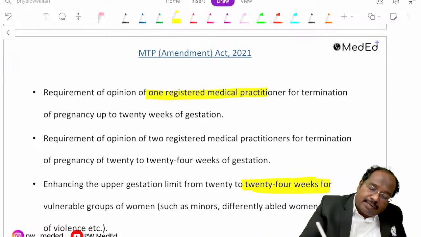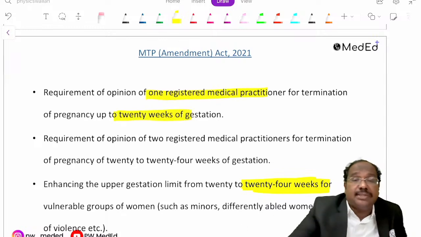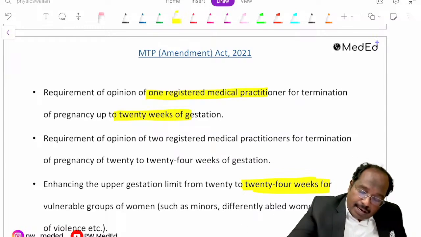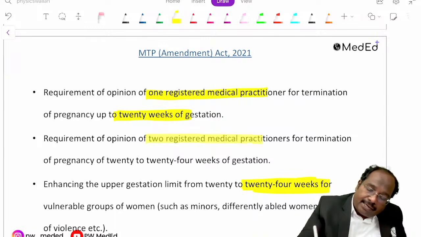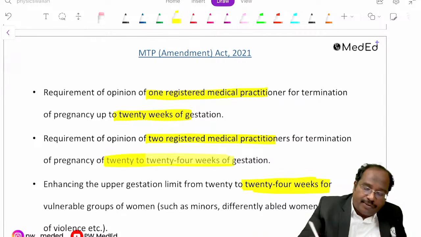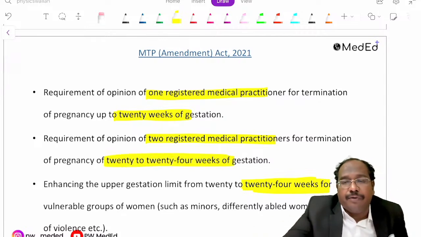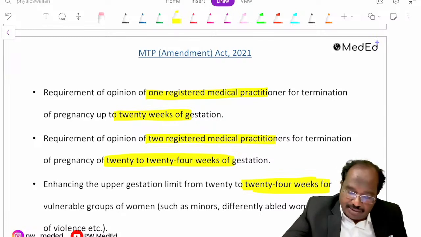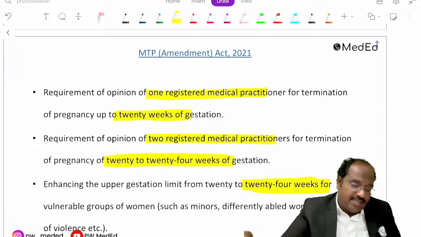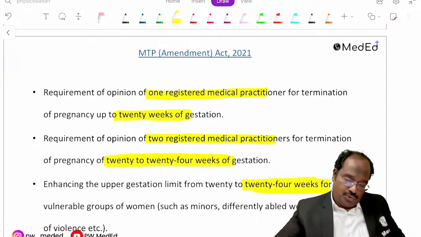Now one registered practitioner's opinion is enough up to 20 weeks. And 2 registered medical practitioners are required for termination from 20 to 24 weeks. These are some of the changes we should know.